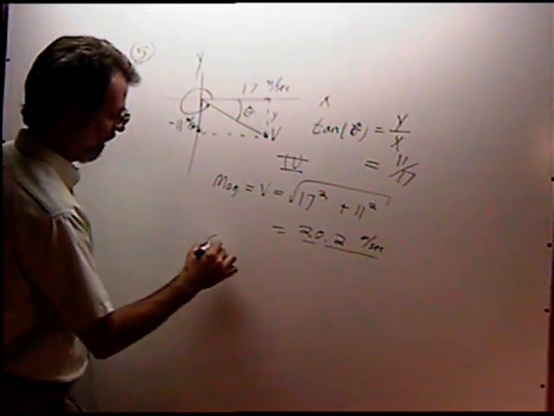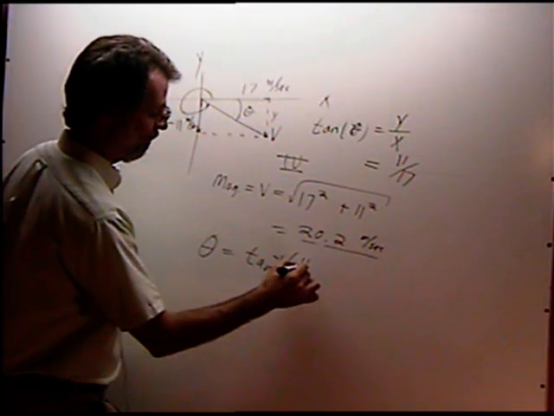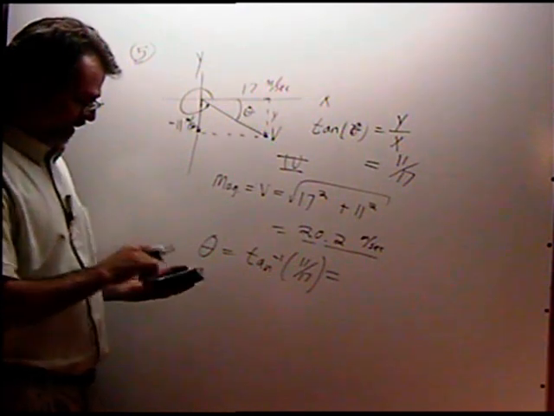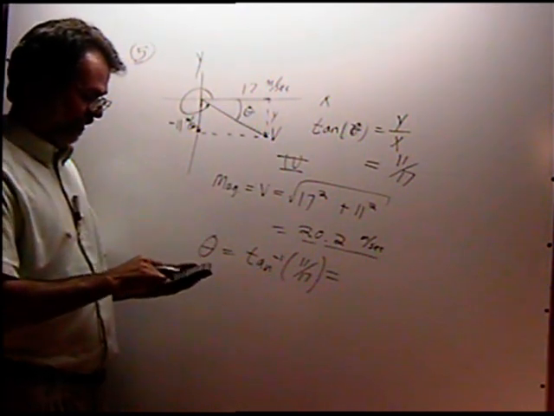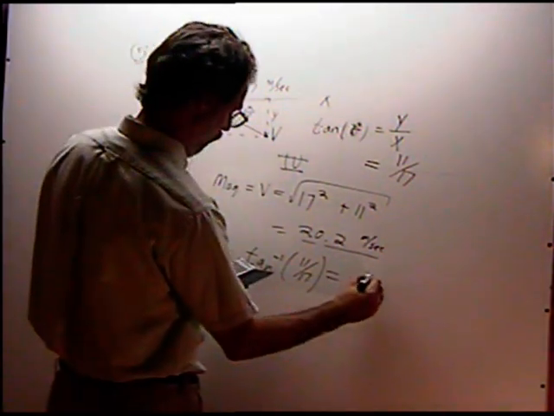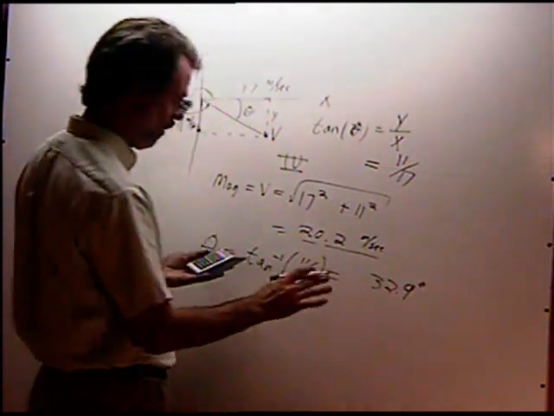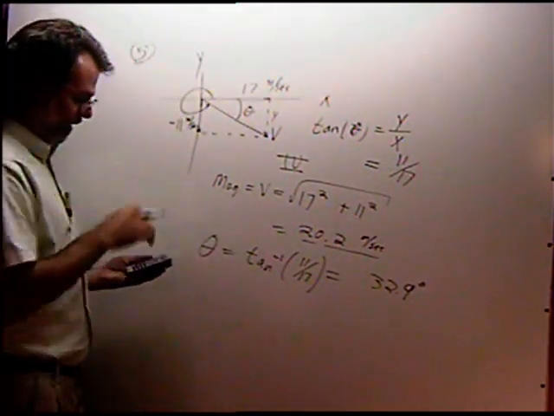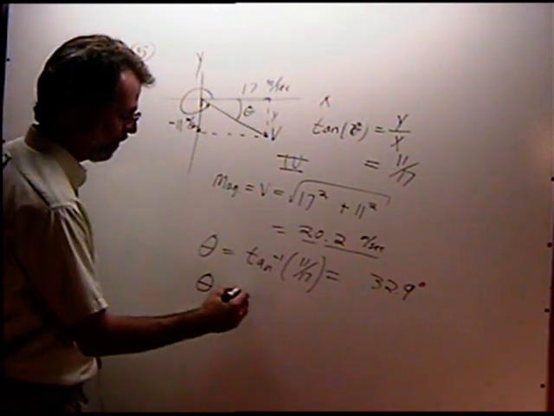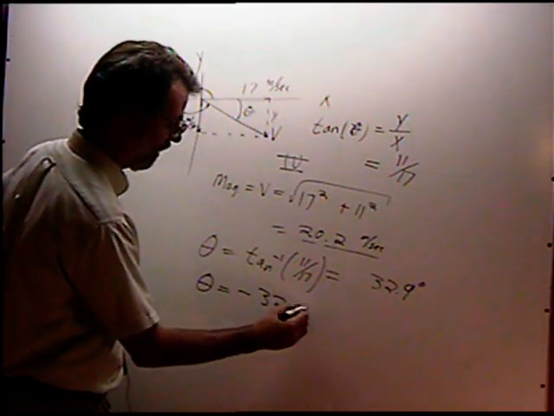So the angle equals the inverse tangent of 11 over 17. I do 11 divided by 17, then inverse tangent, and I get 32.9 degrees. But I interpret this as having to be a negative angle, so I would say negative 32.9 degrees.